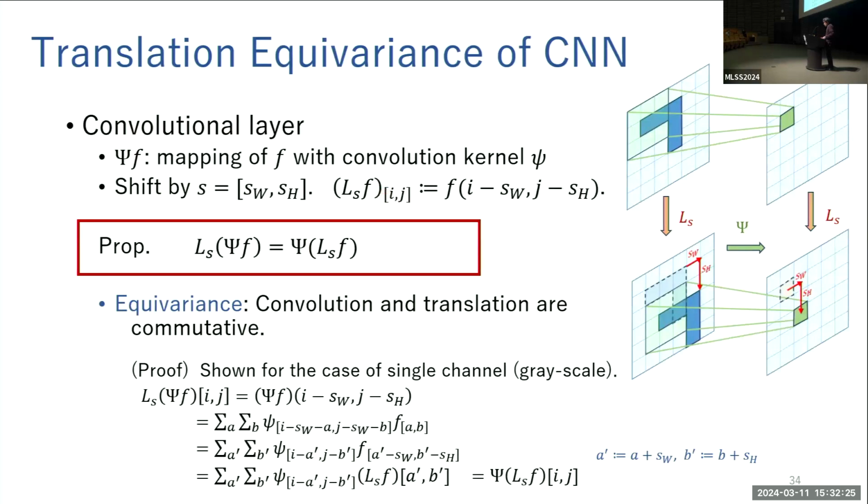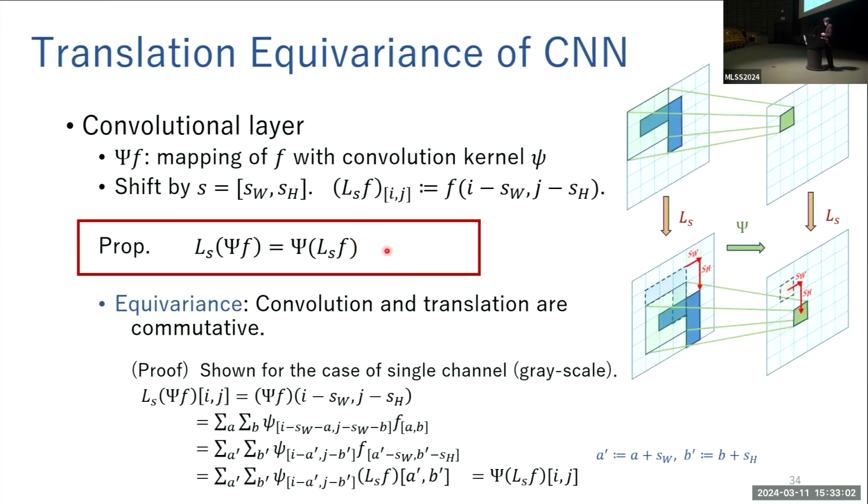Okay, here is a mathematical proof of this fact, but geometrically or graphically, this is quite simple and obvious. If the signal is shifted like this by some amount, then the shifted pixels are computed in exactly the same manner using the spatial filter, right? This is obvious. So the equivariance of the convolutional layer is almost obvious.